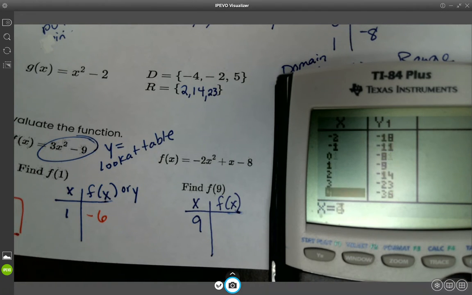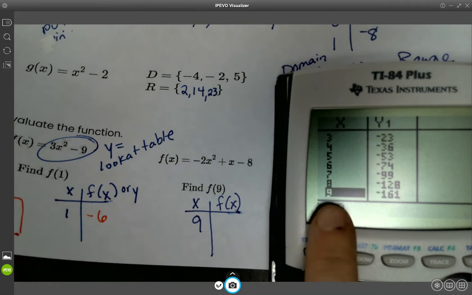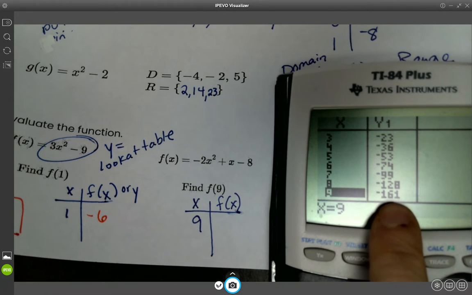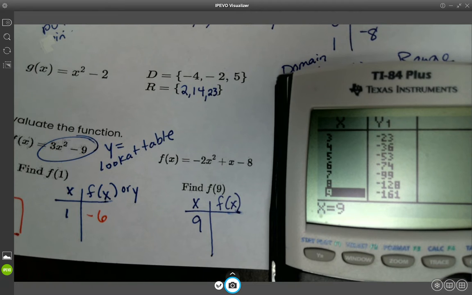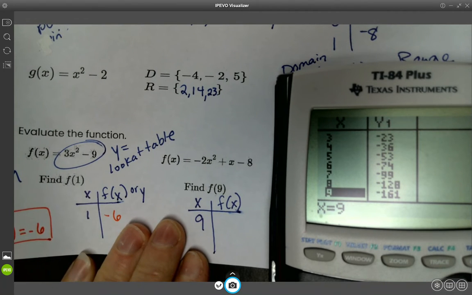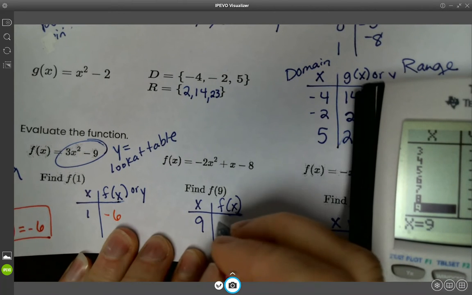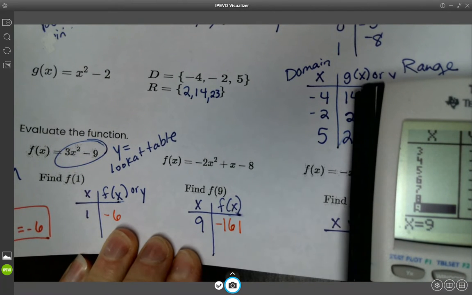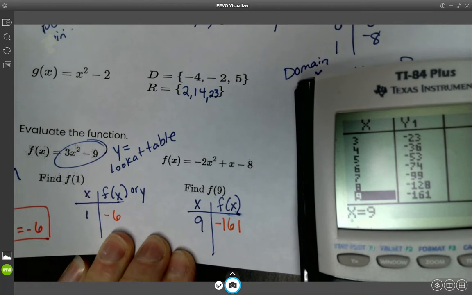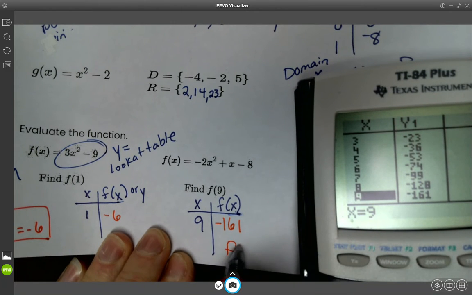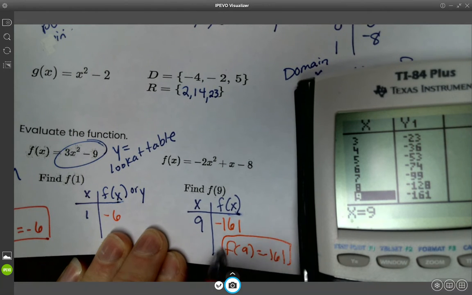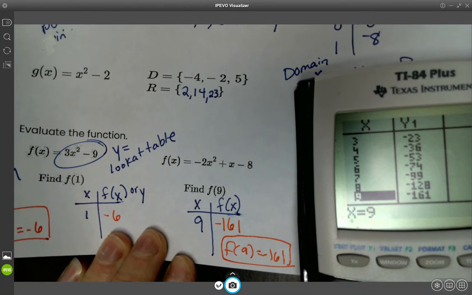So you arrow up or down. Second graph. Go all the way down to 9. So we get negative 161. So f of 9 equals negative 161. Yep.